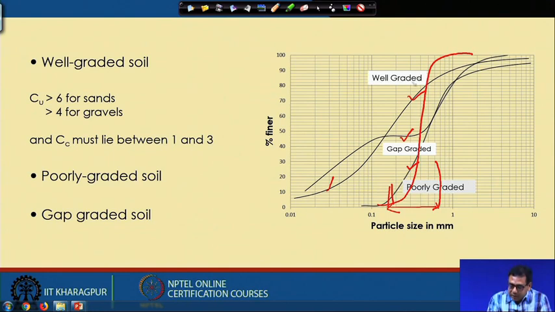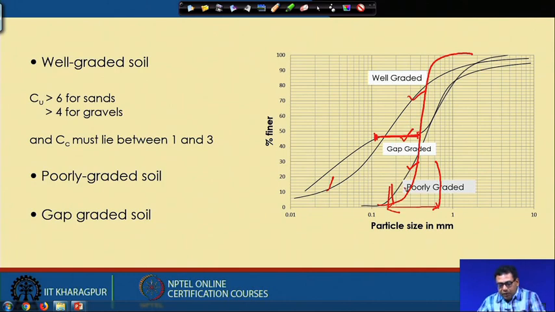It is more or less all the particles are present. So, that is why it is called the well graded soil. And in gap graded soil you can see one particular particle range is missing. That means this is a gap. So, this particular range of soil particles is not present in the soil.